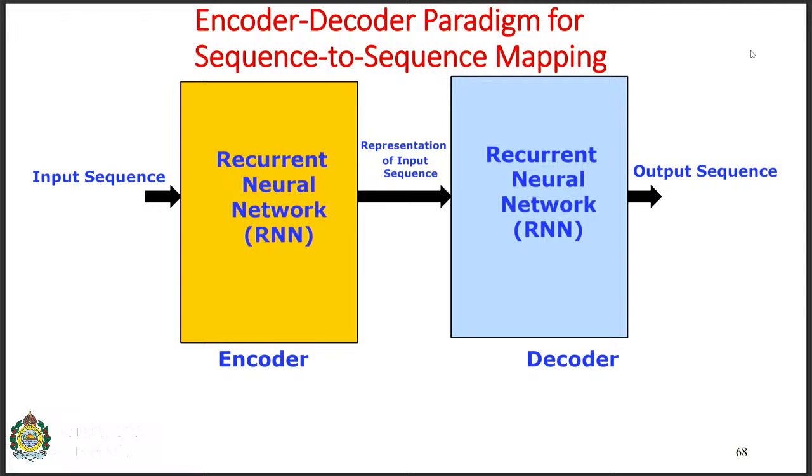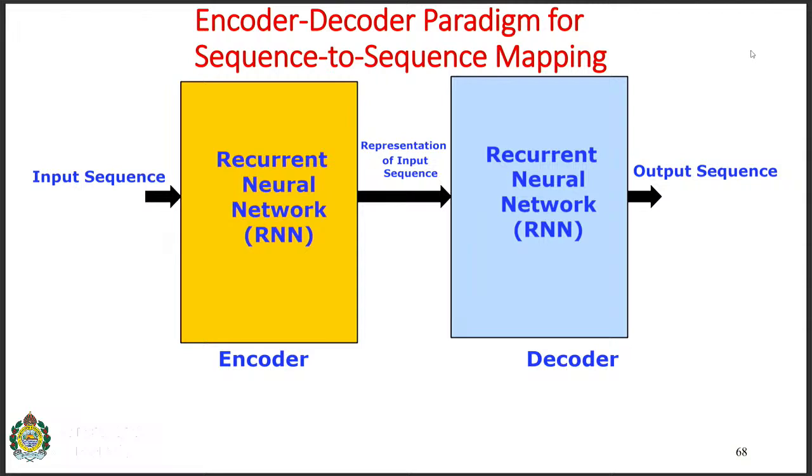Let's say the input sentence has 10 words. After the 10th word, I take the output of the hidden layer that captures the representation of the complete sentence, because it has looked at all the words in the input sentence.